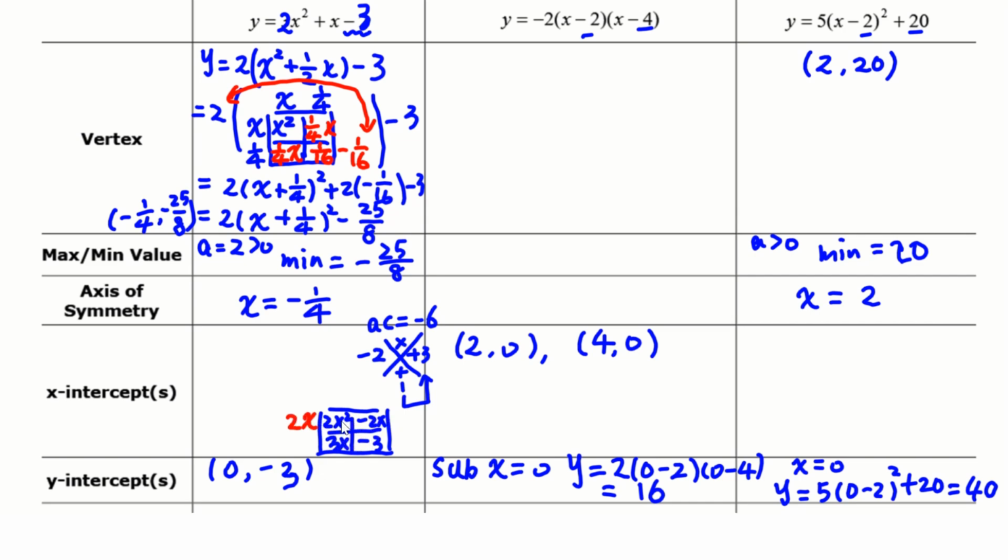Then we do the division in the box: the number inside the box, the area, divided by the number outside the box, to get the other side of this box. Whatever is inside the box is the area. The outside is length and width. So 2x squared divided by 2x gives you x. Then negative 2x divided by 2x gives you negative 1. 3x divided by x gives you 3.